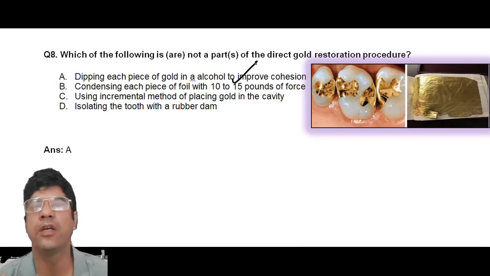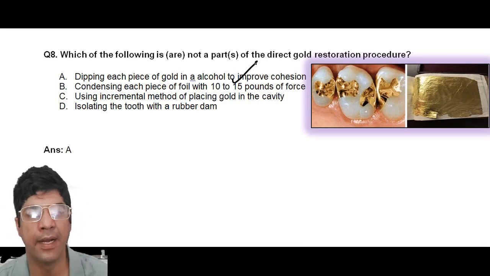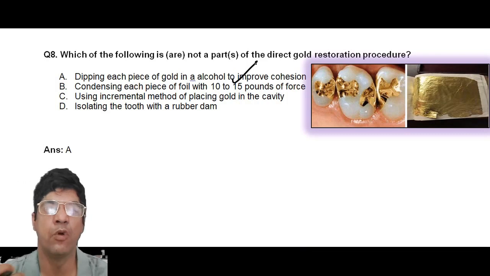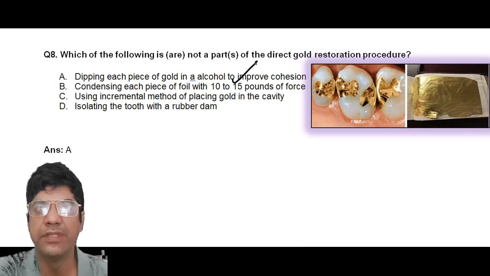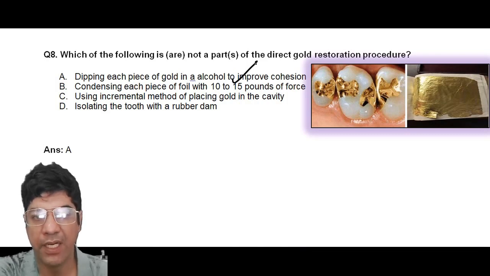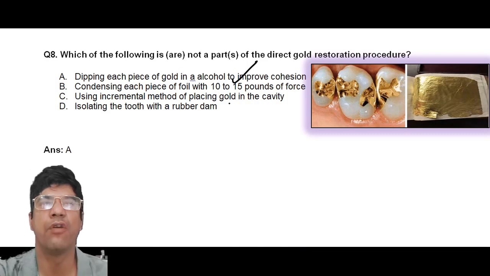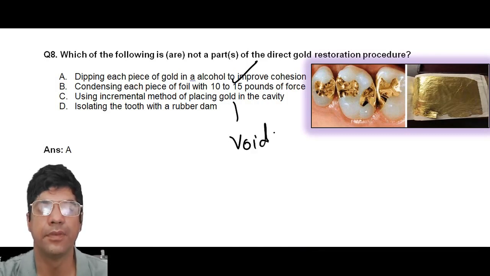This step is very crucial to ensure proper adaptation and condensation of gold foil to the cavity walls. Third, we can use the increment method of placing gold in the cavity. So that will allow a better adaptation and reduce the risk of voids.